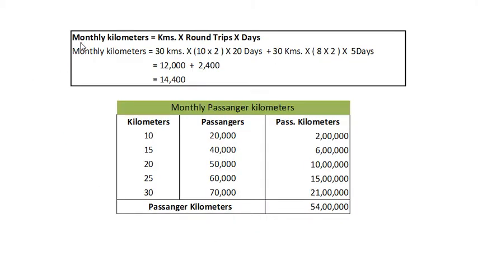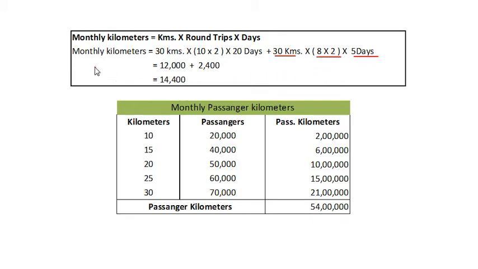Here is a basic calculation. First, monthly kilometers is equal to kilometers multiplied by round trips multiplied by days. So we have in total 30 kilometers run. First 20 days 10 round trips, so 10 multiplied by 2 multiplied by 20 days, plus again 30 kilometers, remaining 5 days and 8 round trips.